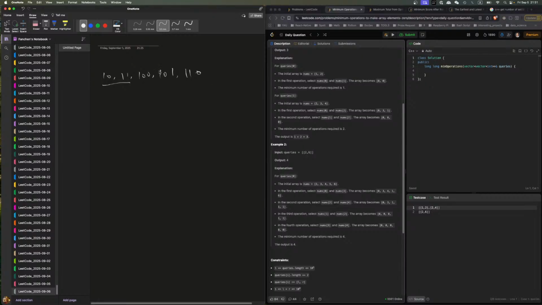So one operation basically becomes this. Wait a second. So the first operation turns into this. Second operation. So this is the first operation. Second operation.